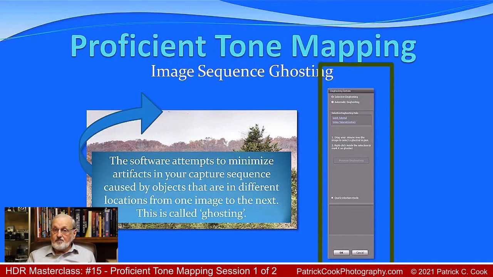Now, you may actually have ghosting within your 32-bit merged file. You may actually have some ghosting there, and you don't think you do. All it takes is just for a single branch in a tree to be in a slightly different place because of maybe a very subtle wind gust or something.